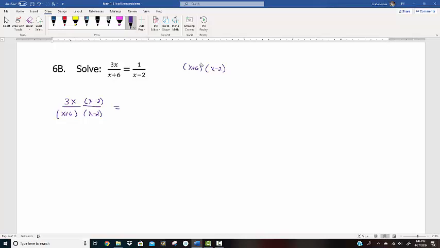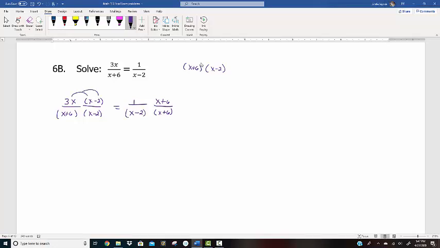And then over here on this side, this one has an x minus 2, but it needs to also be multiplied by an x plus 6, which means the top is going to be multiplied by an x plus 6. So then when we simplify these, we can distribute across the top.